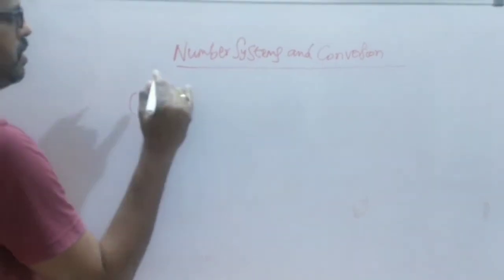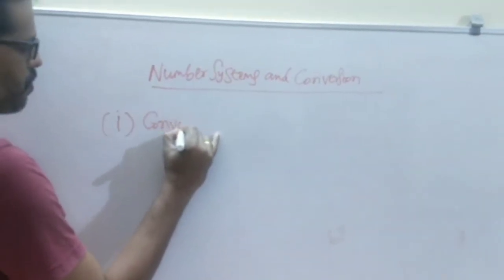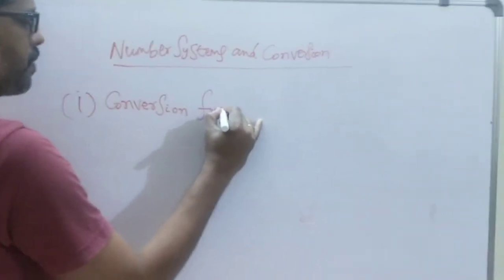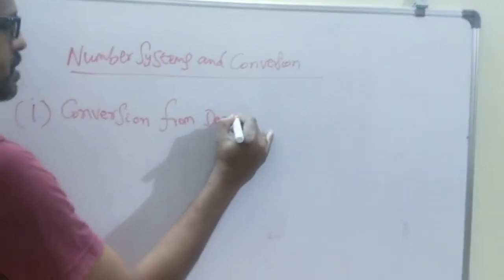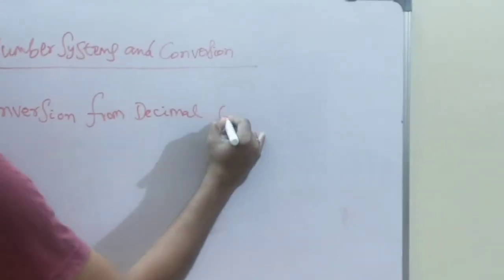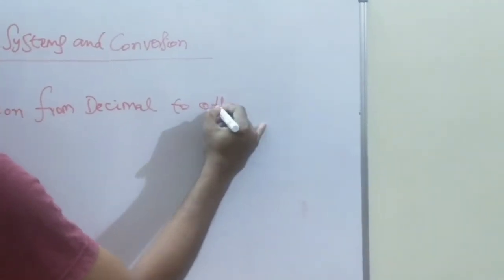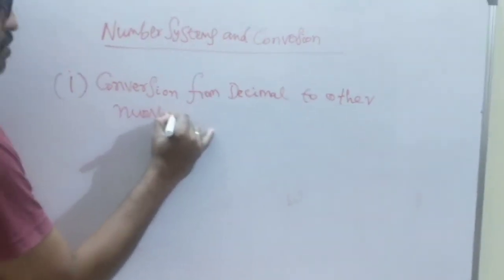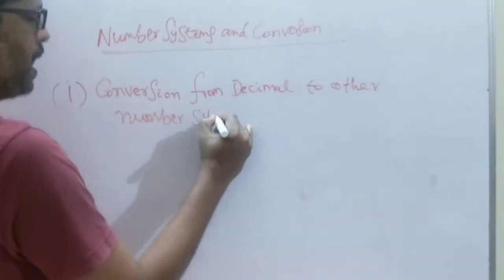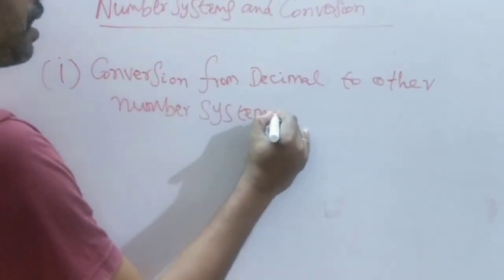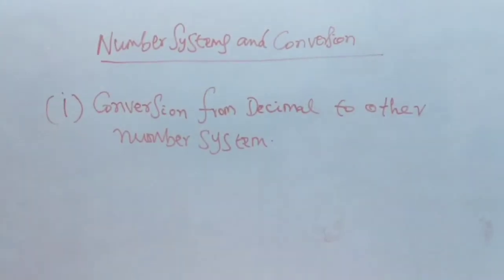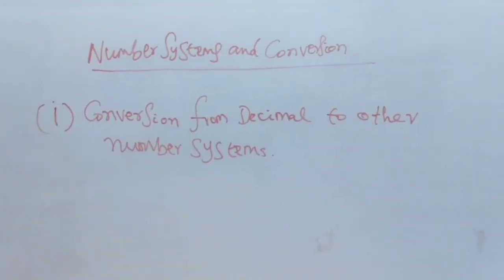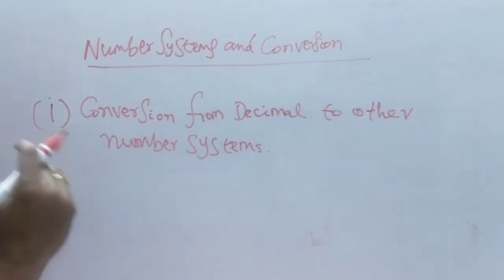The first one is conversion from decimal number system to other number systems. By other number systems I mean binary, octal, hexadecimal, or any number system of any base or radix. As of now, for this discussion we are going to convert from decimal to binary, octal and hexadecimal.